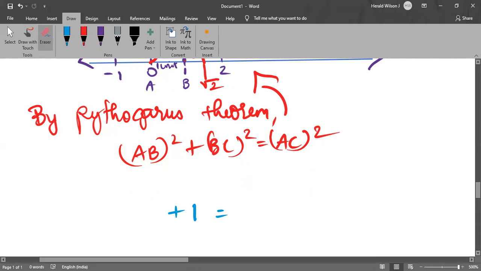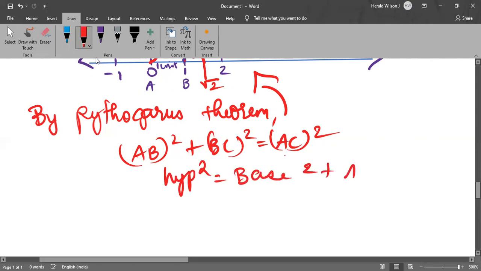So by Pythagoras theorem, we will be solving this as we told, AB the whole square plus BC the whole square is equal to AC the whole square. So can I write that hypotenuse square, AC square, is equal to base square plus altitude square. Altitude is nothing but height.